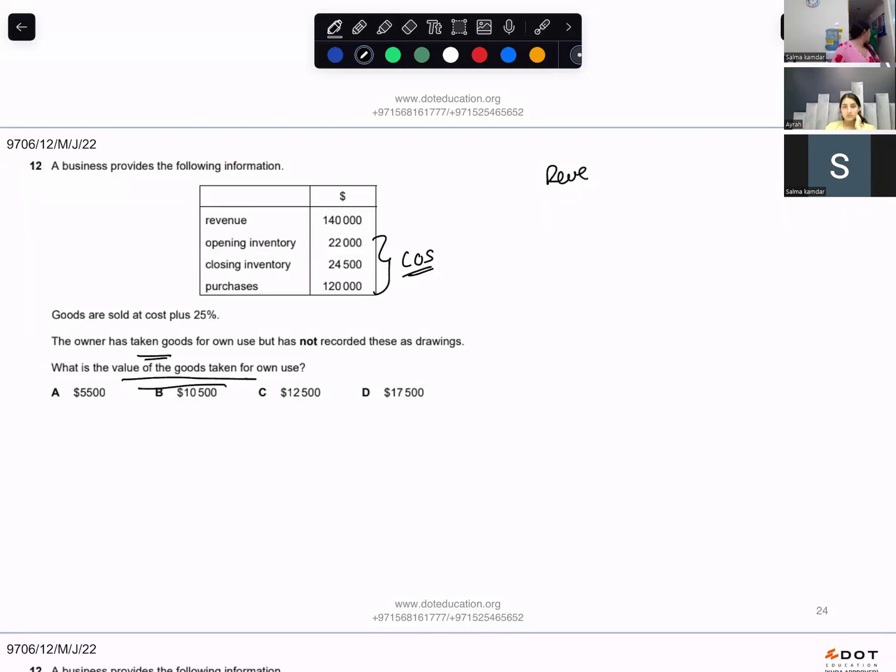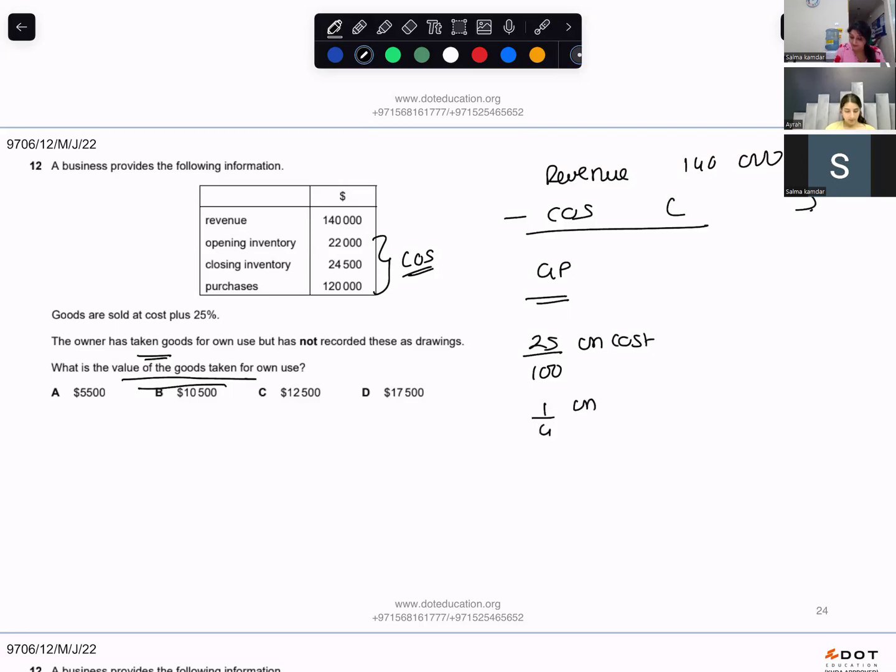I will do the same thing. What is the same thing? Revenue minus cost of sales gives you gross profit. What is revenue? 140,000. I don't know my cost of sales. Gross profit is 25% on costs. So it's 25 upon 125 of sales, one fourth on costs.